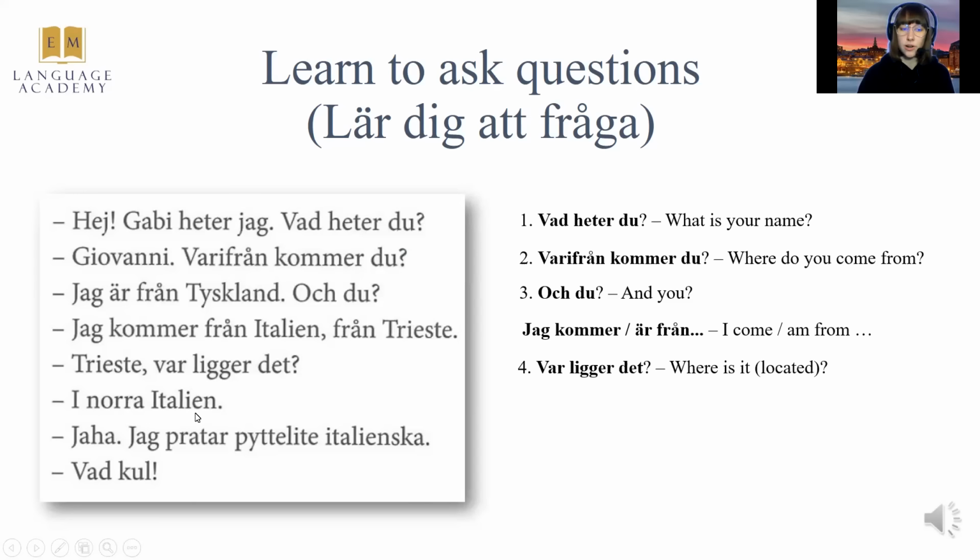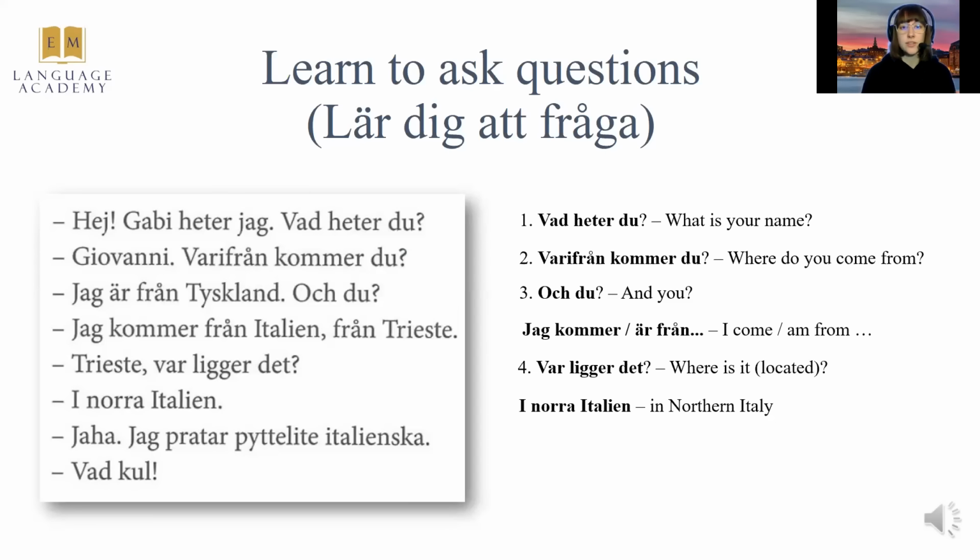I norra Italien. In northern Italy, right? I would like to draw attention to this preposition i. Remember last time I mentioned that the dialogue was under the headline på kurs, in language courses, and we had the preposition på.